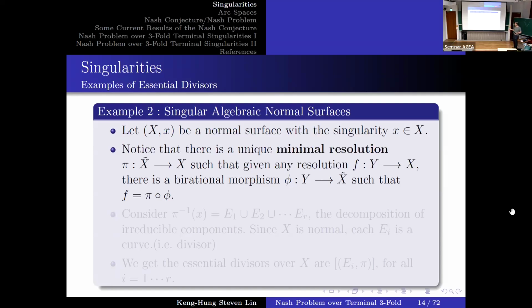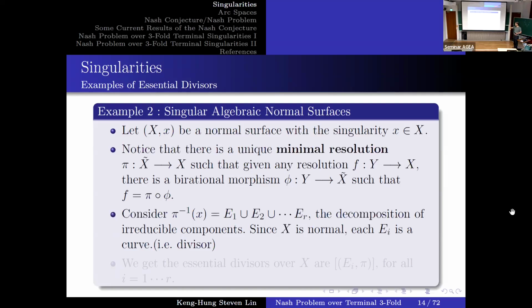As long as every resolution can be factored through such a morphism, the divisors appearing on the minimal resolution will be essential for X. So we consider such a decomposition into irreducible components for the minimal resolution. We know that X is normal, so each Xi is a curve. In this case, they are divisors. So the essential divisors are these curves, E1 to ER.